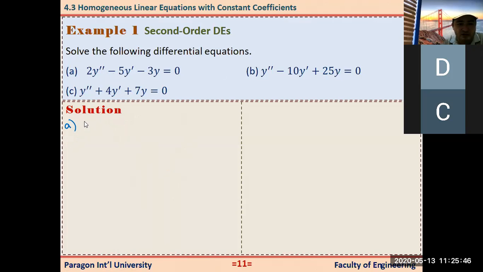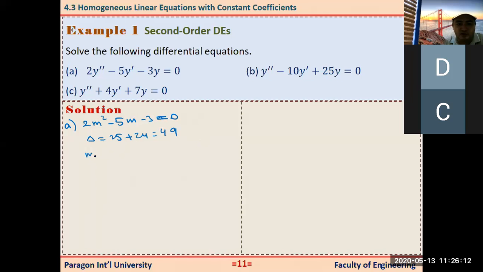Our auxiliary equation is 2m squared minus 5m minus 3 is equal to 0, right? It is the auxiliary equation of this differential equation. From here, delta is equal to 25 plus 4 times 2, 8, 8 times 3, 24, which is equal to 49.